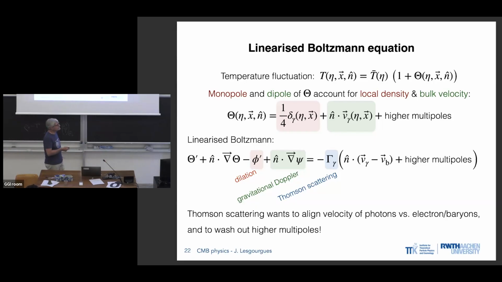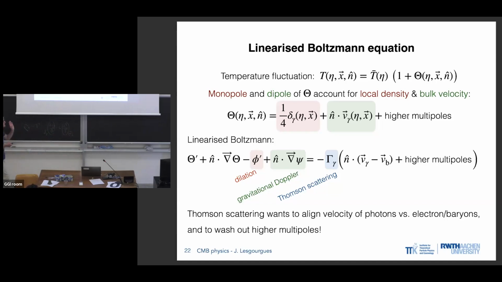So that's exactly what this parenthesis means. It means that Thomson scattering wants to align the velocity of photons and electron baryons and to wash out higher multipoles.